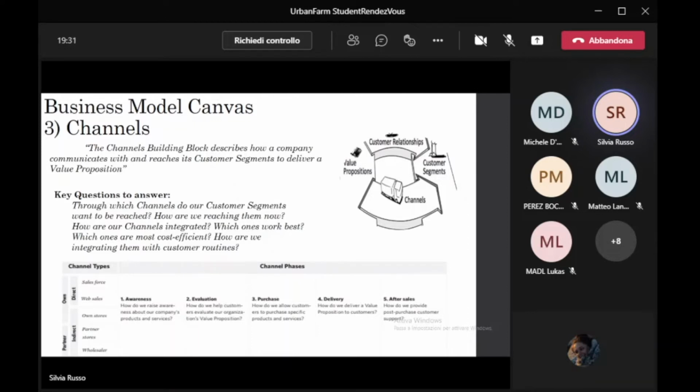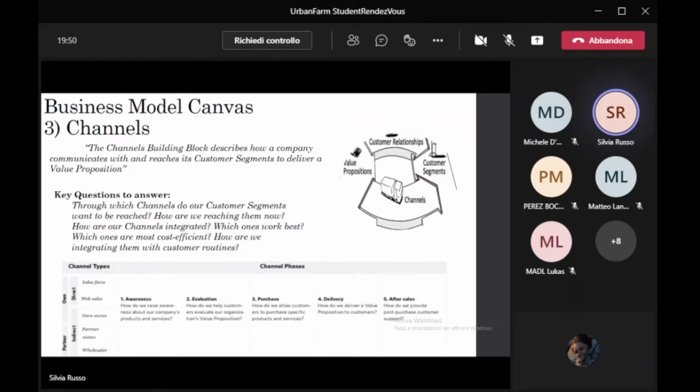Direct, for example, web sales, or indirect, for example, partner stores. And along the value creation and delivery phase, we can have and use different channels.